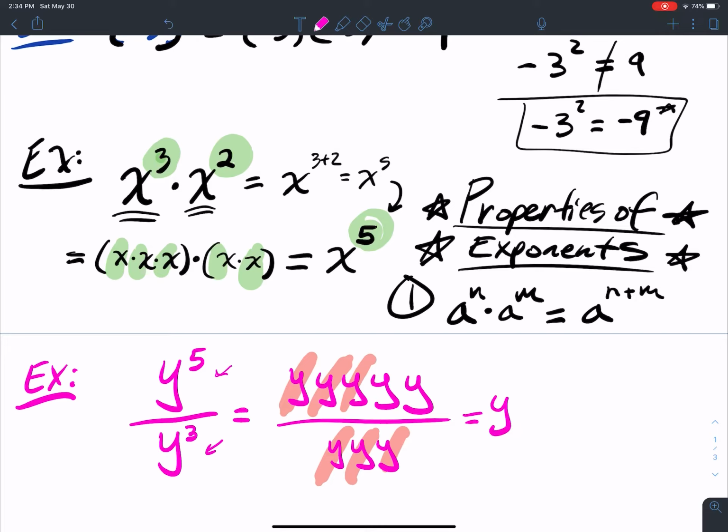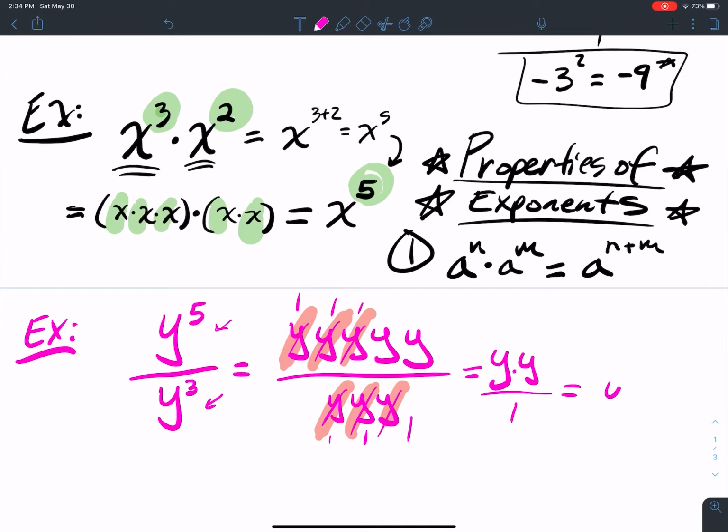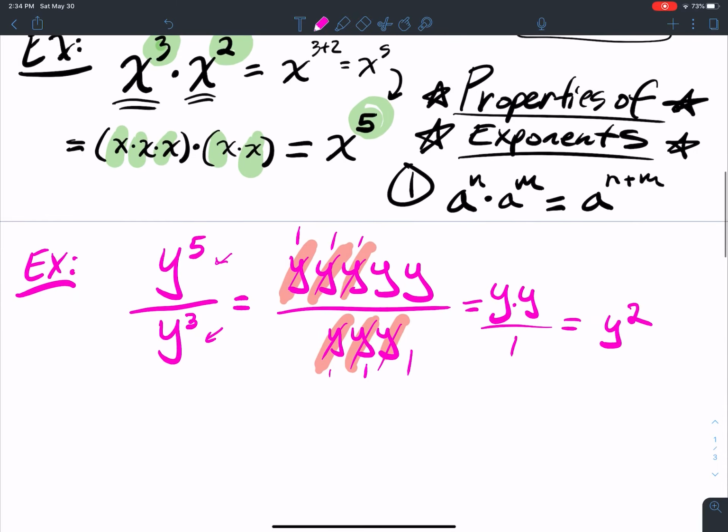I'm left with y in the numerator. What about in the denominator? Do I have 0? No. I cancel here, and I'm left with a 1. Okay? You're left with that 1 factor. Think of it kind of like a placeholder. So y times y is y squared.